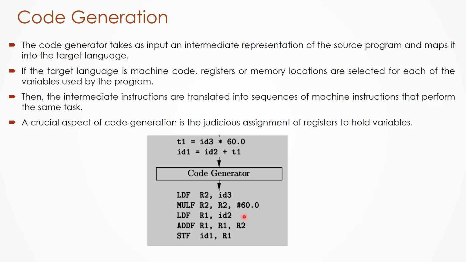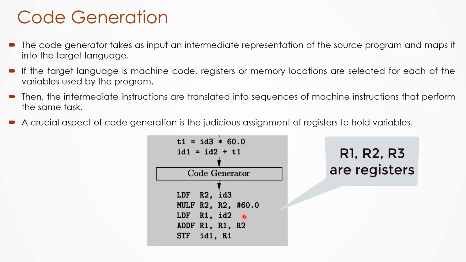Then code generation. The code generator takes as input an intermediate representation of the source program and maps it into the target language. If the target language is machine code, registers or memory locations are selected for each of the variables used by the program. Then the intermediate instructions are translated into a sequence of machine instructions that performs the same task.